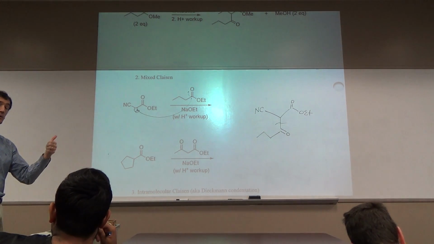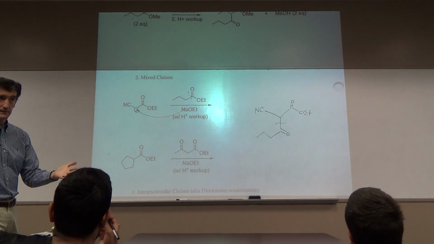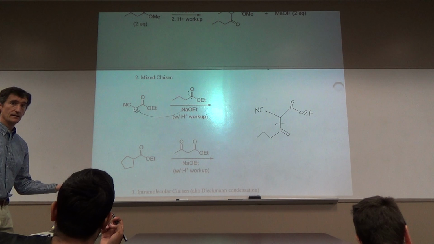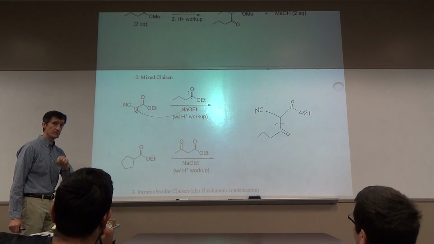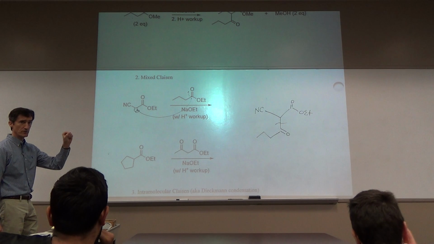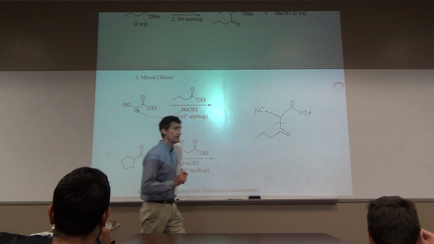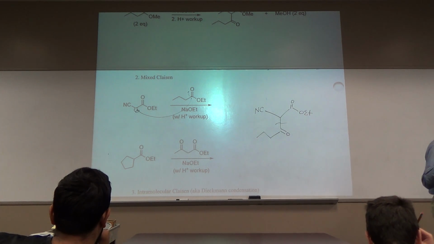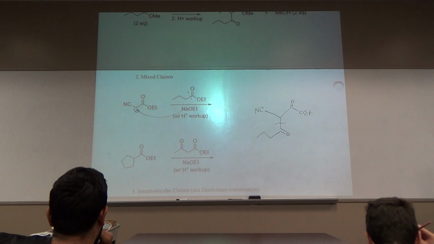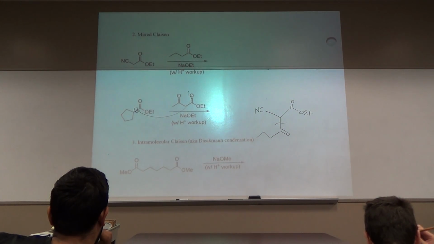When the enolate attacks an ester, we're doing not an aldol, but a Claisen, because the ester has a leaving group built in. You don't lose the oxygen of the carbonyl, you lose the O-ethyl. Aldehydes and ketones don't have leaving groups, so you have to lose the oxygen as water. We're doing enolate chemistry, but we're attacking carbonyls.